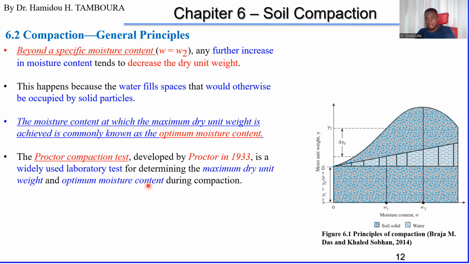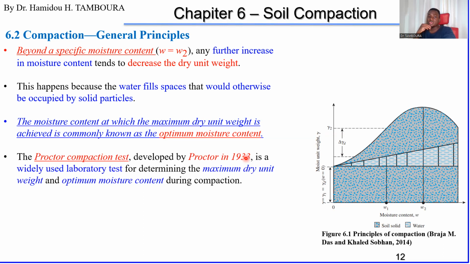There is a lab test for that, to know what the optimum moisture content is. This lab test is called the Proctor compaction test, developed by Professor Proctor in 1933.